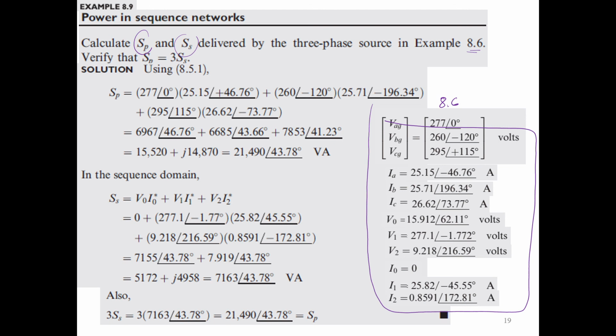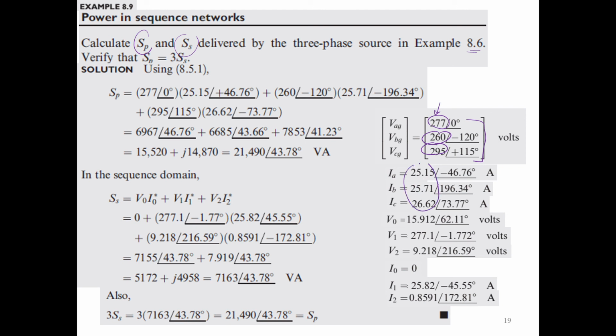So you can see that this is unbalanced, of course. VA, VB, VC are unbalanced because of the different magnitudes, and the angle separation is not 120. IA is also unbalanced because you have 25.15, 25.71.